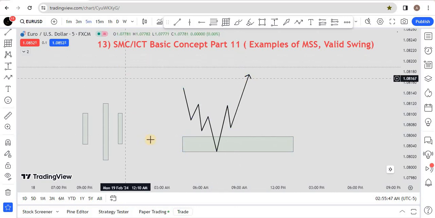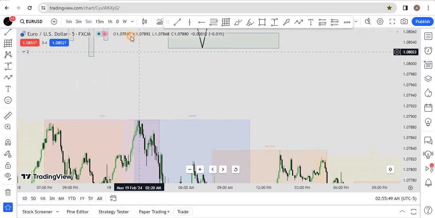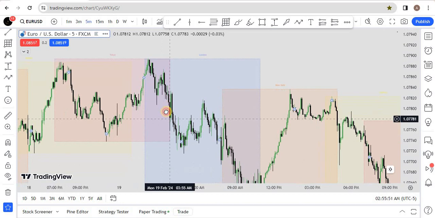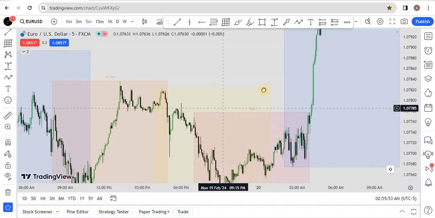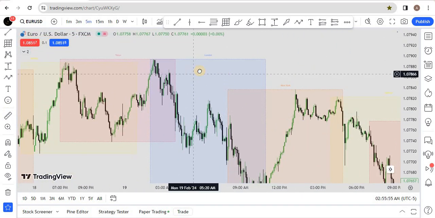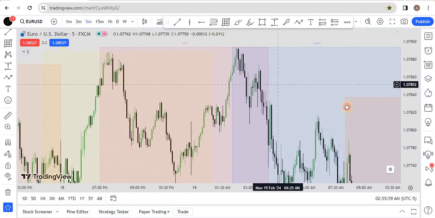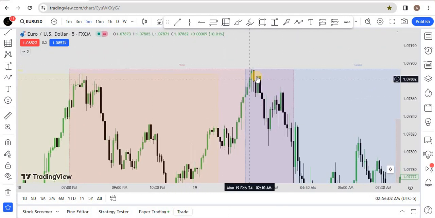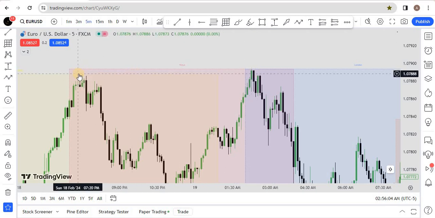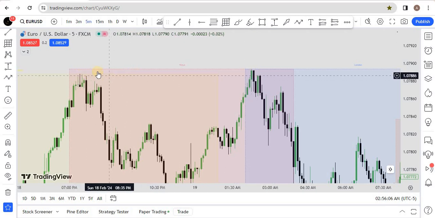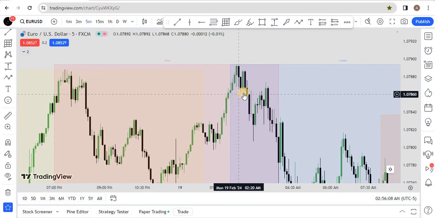Okay, let me show you the example. We have EUR/USD on the 5-minute time frame, and here is the London session. We took out the liquidity at the London Open, and the liquidity of Tokyo and Sydney. These are valid swing points, as you see this black candle after green and before black did not break it.